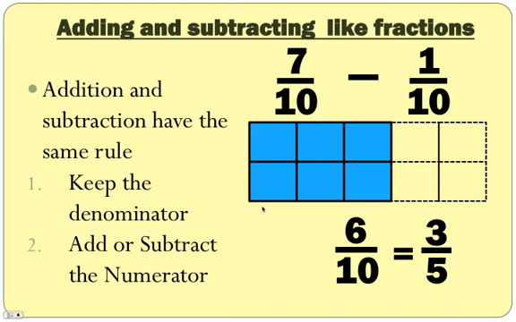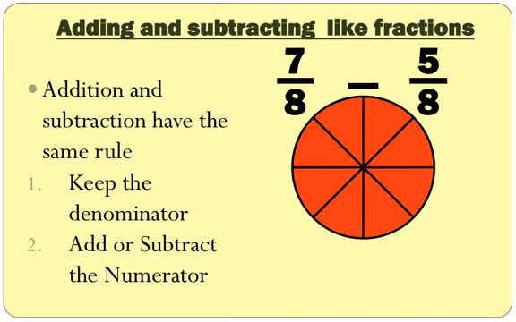What I'm going to do is change the way it looks. Instead of having 2 separate pieces in each column, I'm going to make it 1 piece. So we have 5 total pieces. 1, 2, 3, 4, 5. And of the 5 total pieces, we have 3 remaining. And that's why our final answer is 3/5.